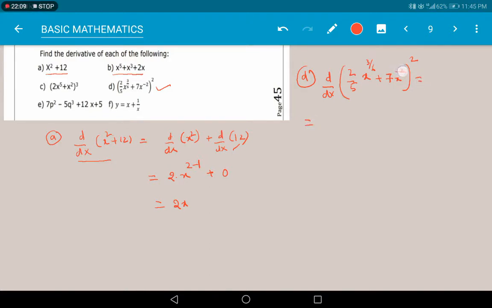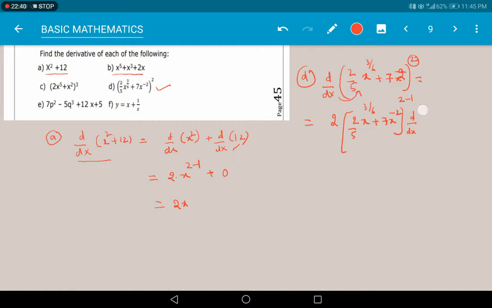So first it is n into x to the power of n minus 1, so 2 into (2 by 5 x to the power of 3 by 6 plus 7 x power minus 2) to the power of 2 minus 1. Now we should separate that because here the nth power is there. So first we are writing the nth power, then we are differentiating this function.